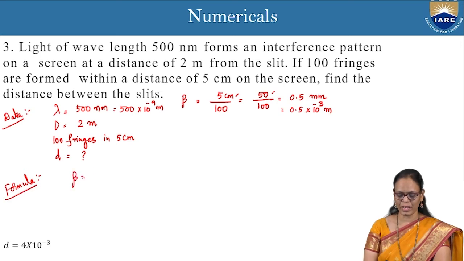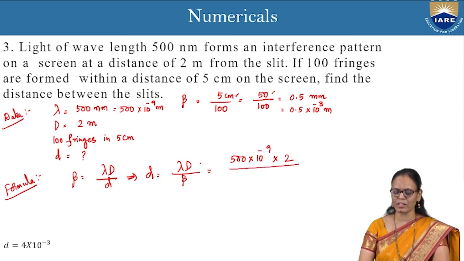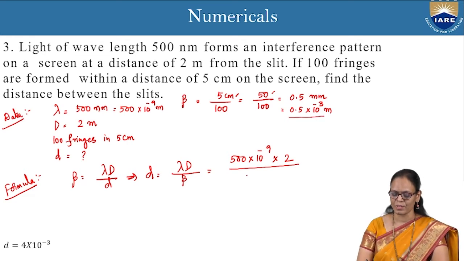Beta is equal to lambda D by d. So small d will be equal to lambda D by beta. Lambda is 500 into 10 power minus 9, capital D here is 2, and beta, the fringe width we got, is 0.5 into 10 power minus 3.